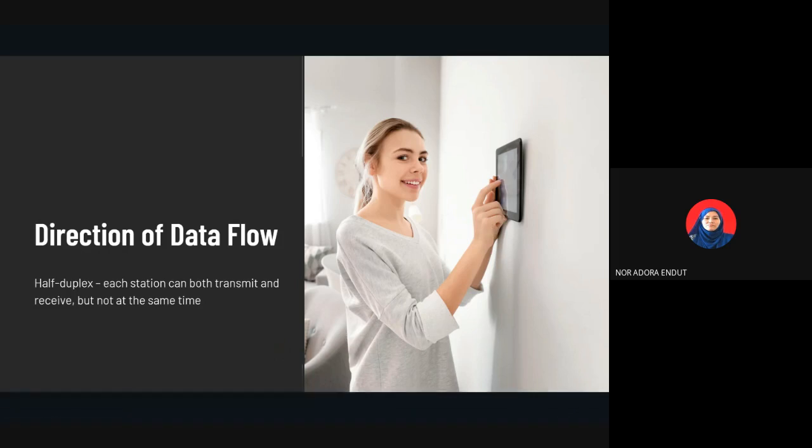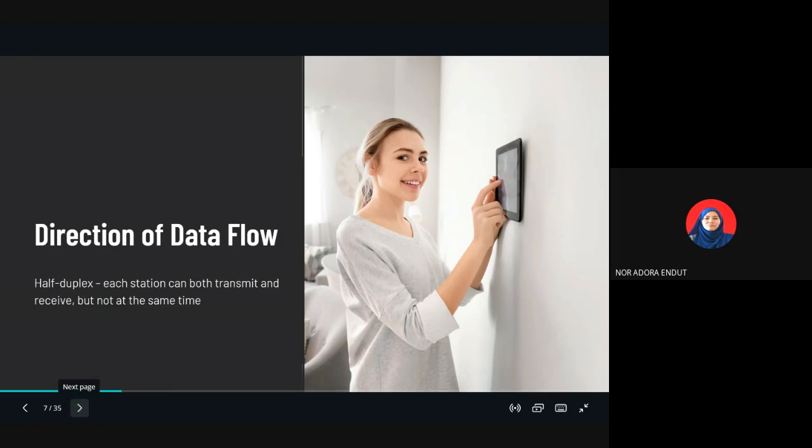Bila tekan bell, nampak muka dia dekat resident kat dalam rumah. Lepas tu boleh cakap tapi kena tekan button tu, bila nak bercakap tekan okay, it's me, I'm coming to your house. Lepas tu tuan rumah pun kata okay masuk, baru dia tekan button nak buka pintu kan. Okay. So that's half duplex. Half duplex maksudnya both ways but not at the same time.